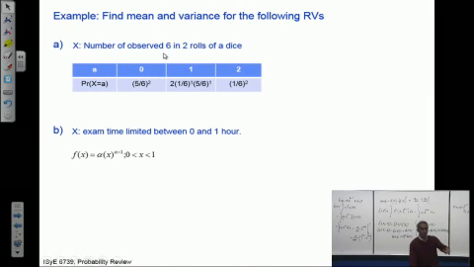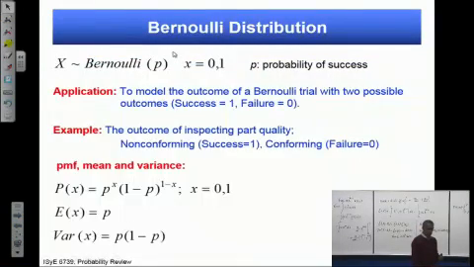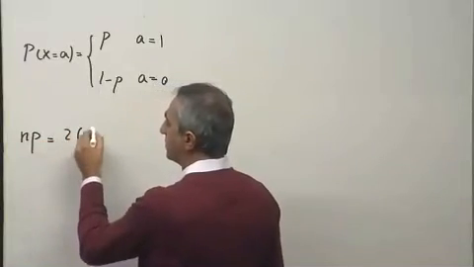I'm rolling the dice twice. And your p is what? It's the probability of success, the probability of observing a 6, which is 1 over 6. So in this case, your expected value would be np, which is this guy.